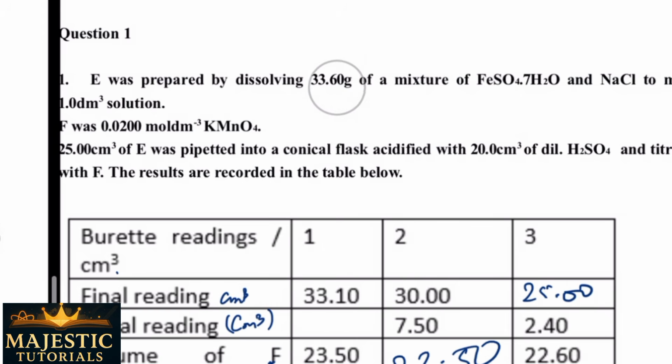It's mixed up with iron 2 sulfate and also sodium chloride. But since this is a redox reaction, the sodium chloride will only be detected by KMnO4.